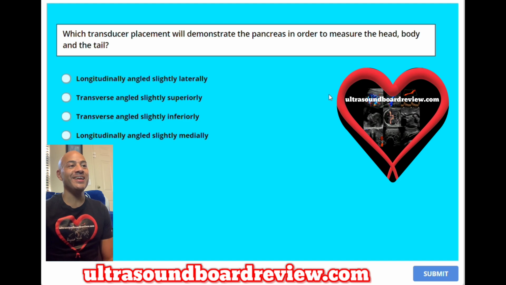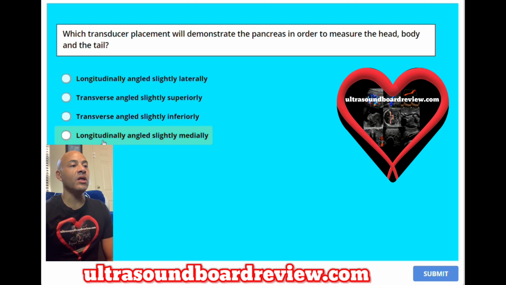Bonus question number 13, and this will be the last of our bonus questions for this test. Which transducer placement will demonstrate the pancreas in order to measure the head, body, and the tail? A, longitudinally angled slightly laterally. B, transverse angled slightly superiorly. C, transverse angled slightly inferiorly.